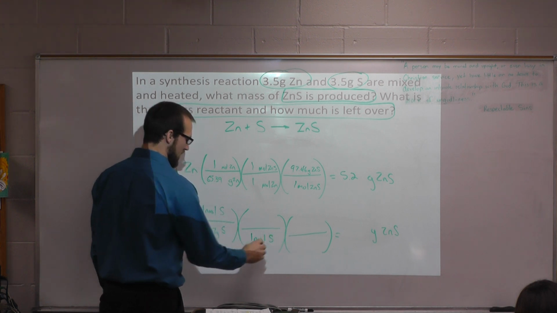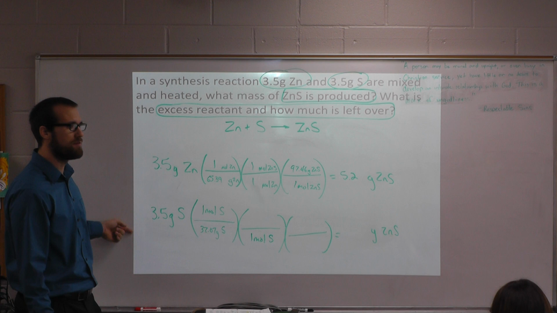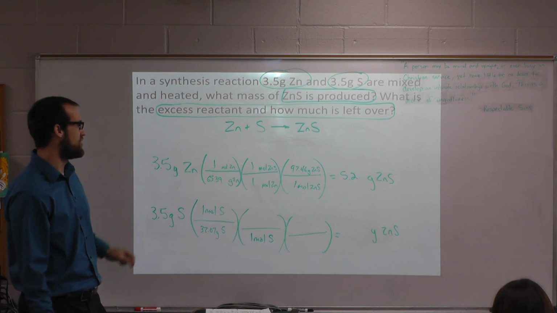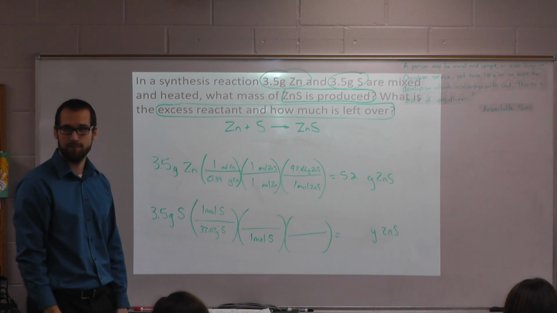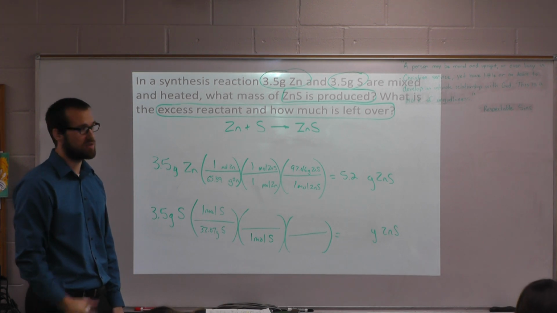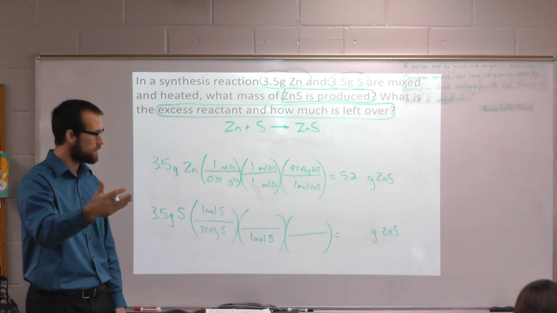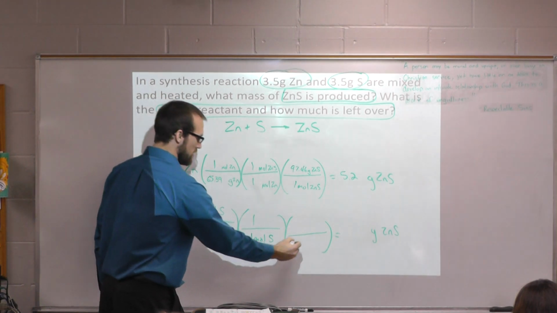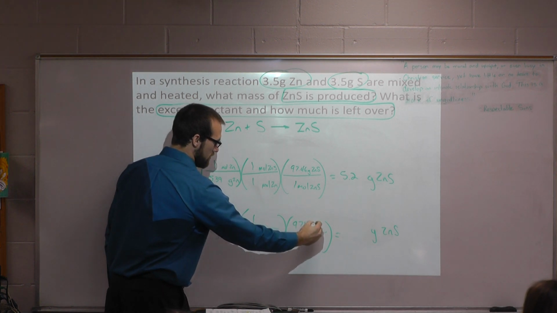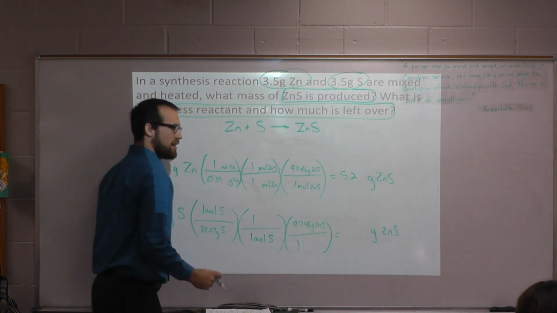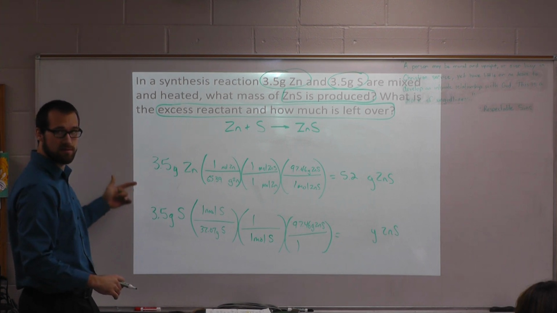When you're trying to find your limiting reactant, the last 3 slots are exactly the same. Because once we cross the bridge, aren't we solving for the exact same thing? So I can say that this is 1, that's 1, and this is 97.4. Now that's when we're taking both of our masses and finding products.